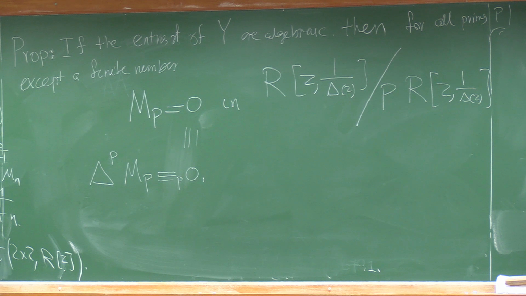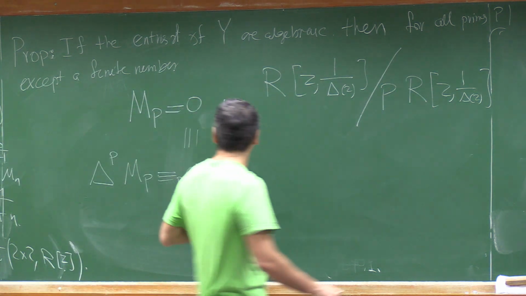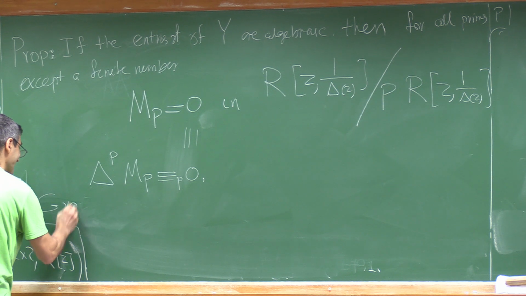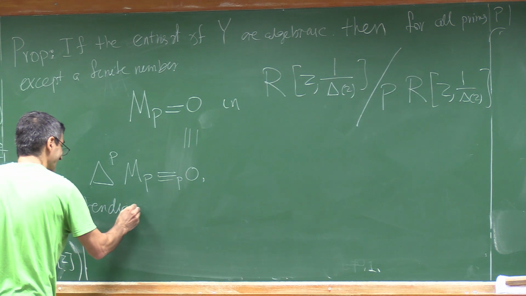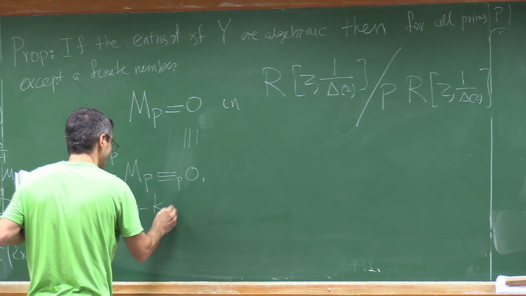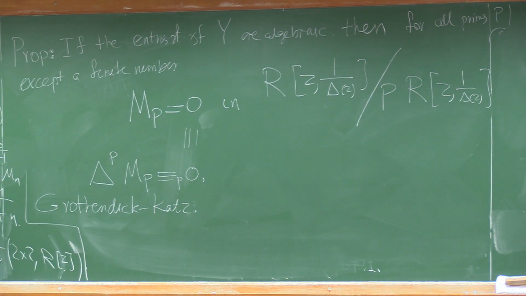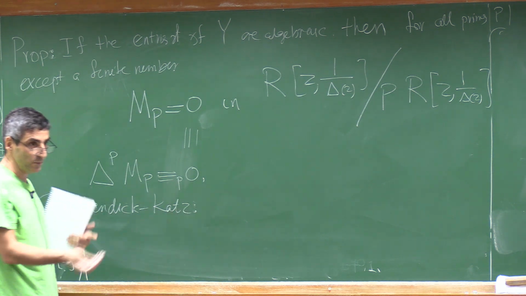Okay, so this is the proposition, and then the conjecture is the other way around. Now that George complained, I write it Grothendieck-Katz. I feel I'm a kind of anti-Grothendieck, but anyway, I think Katz is the main responsible for the main contribution; all the work is done by Katz.